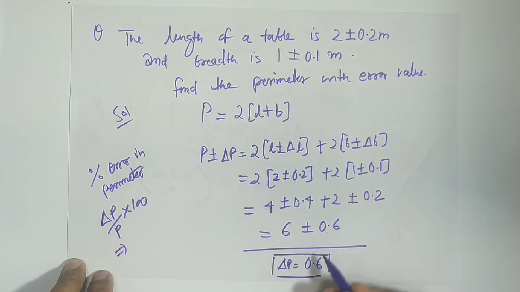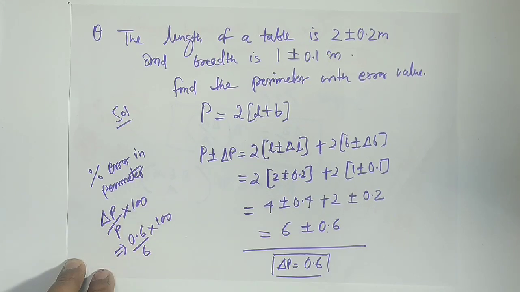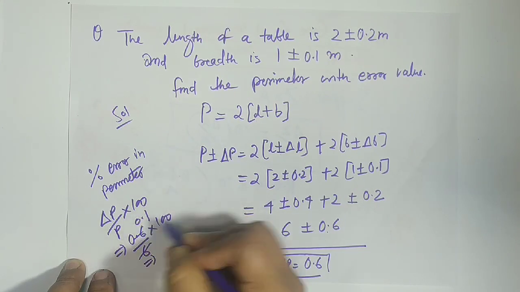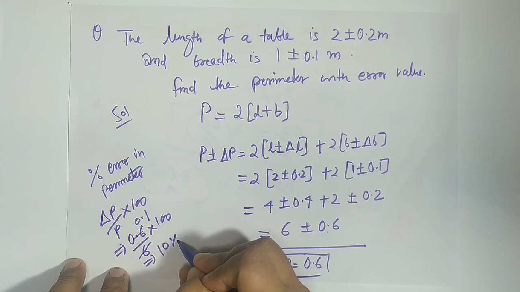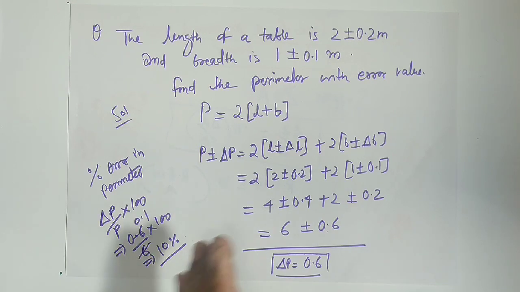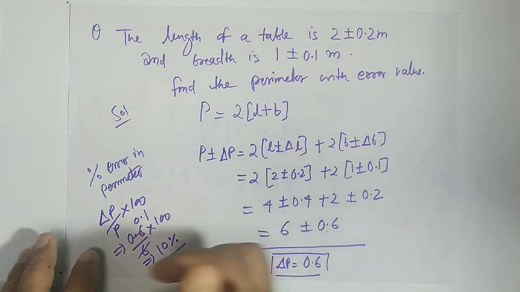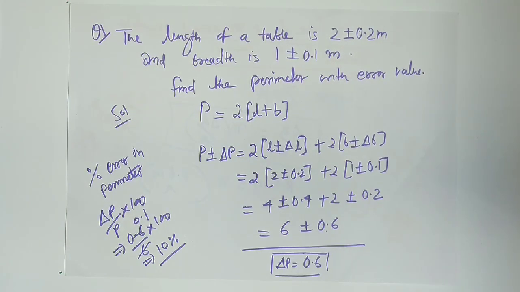That means 0.6 by 6 into 100, so it will be 0.1 into 100, that is 10%. So 10% will be the error in this case. This is how you write the percentage error in perimeter. This is one question based on the addition of errors.